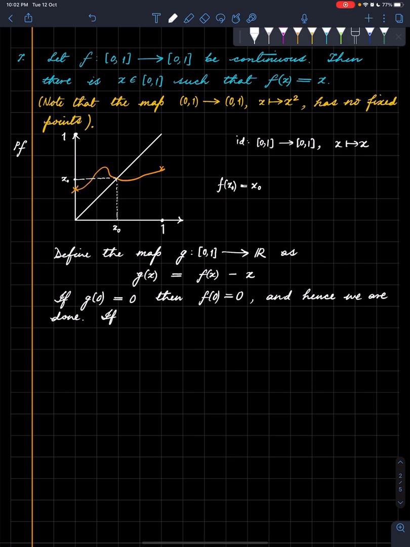And if g of 1 equals 0, then again f of 1 minus 1 would be 0, which would imply f of 1 equals 1, and then again we would be done.